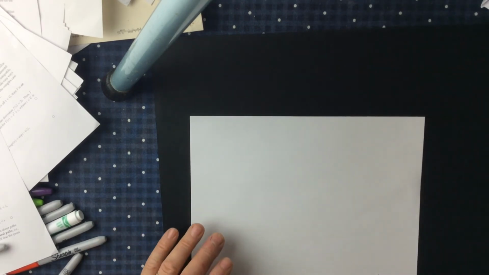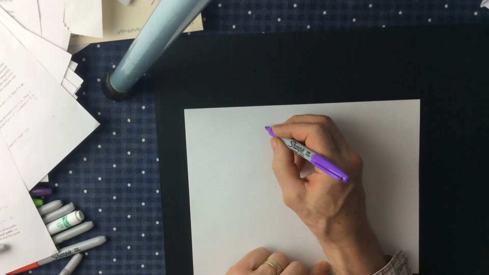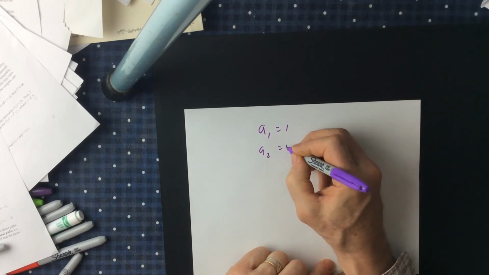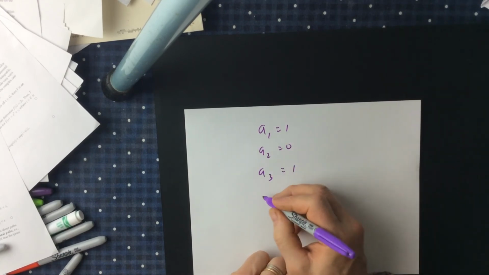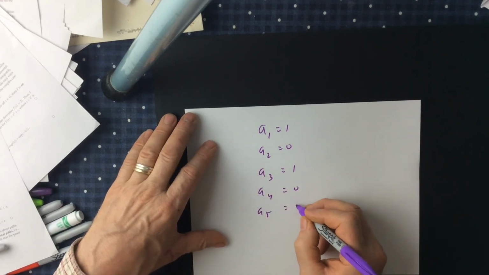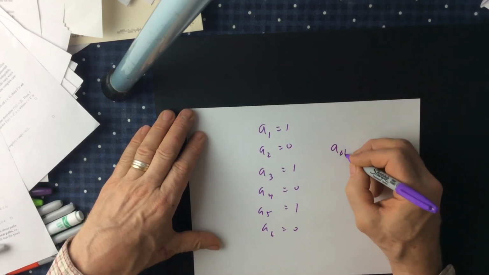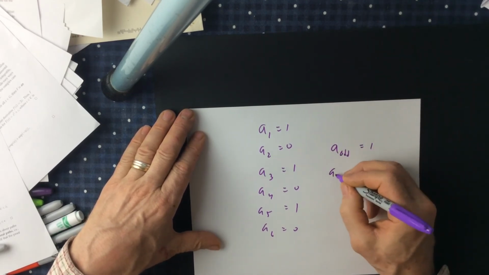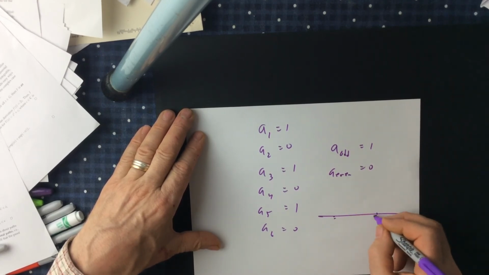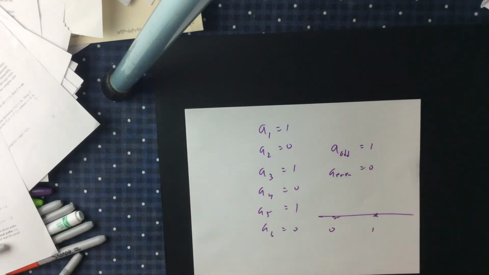That's a very simple idea. Now in one dimension, it's actually kind of harder. So let me give you a sequence that doesn't seem to behave well. A1 equals 1, A2 equals 0, A3 equals 1, A4 equals 0, A5 equals 1, A6 equals 0. And the rule is A odd subscript is 1 and A even is 0. And that doesn't seem to be converging to anything.